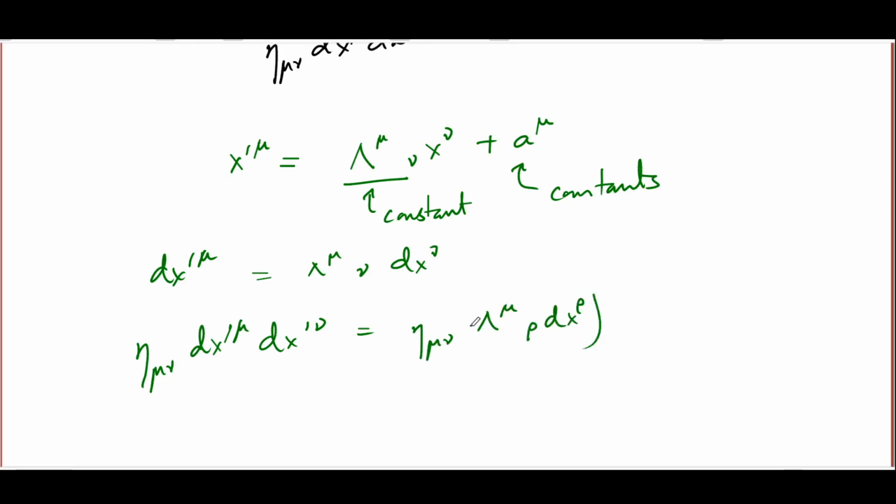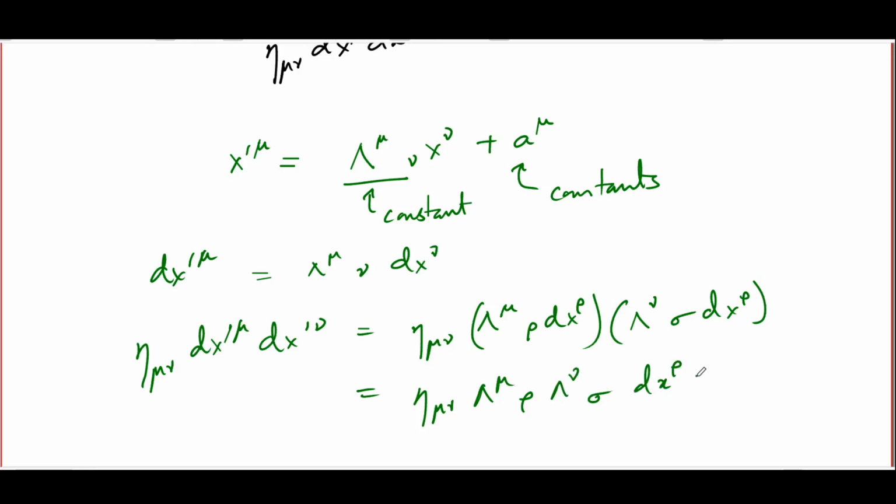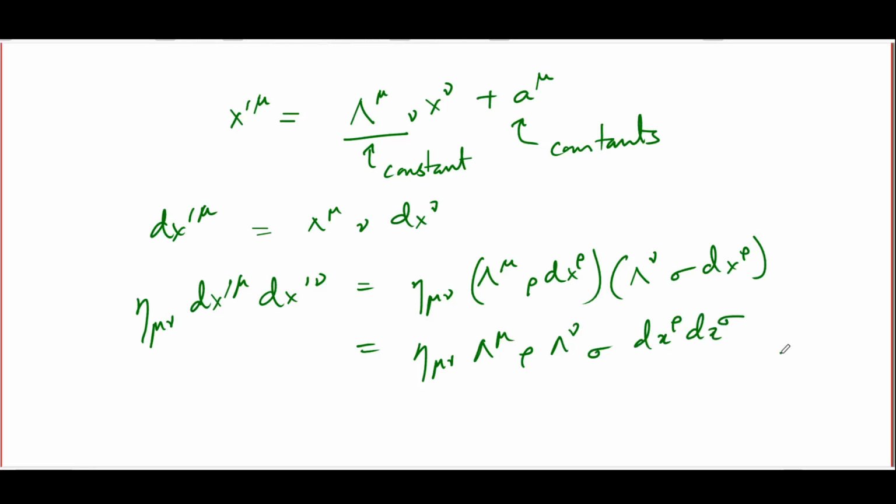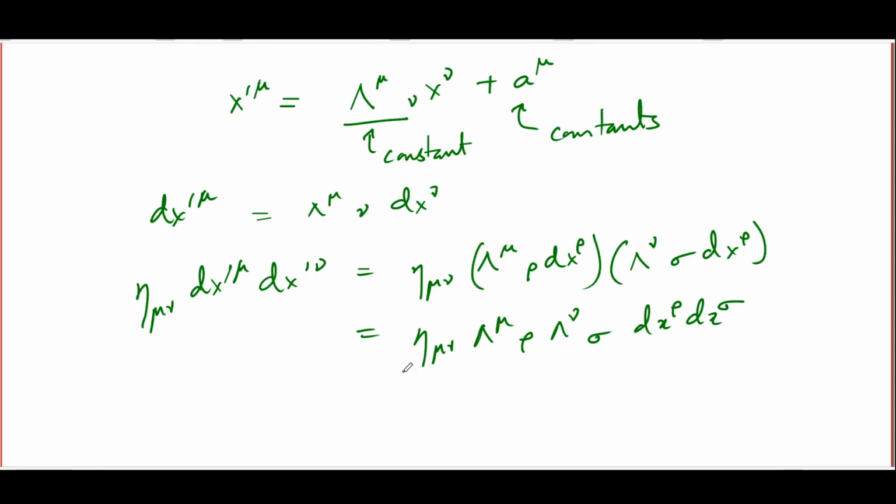Note that I have to actually change the notation a bit, or the index I can no longer call nu because I have another index nu here. And then you have lambda nu sigma dx sigma. So this is eta mu nu lambda mu rho lambda nu sigma dx rho dx sigma. But the invariance of the interval would insist that this particular quantity has to be the same as eta rho sigma dx rho dx sigma.